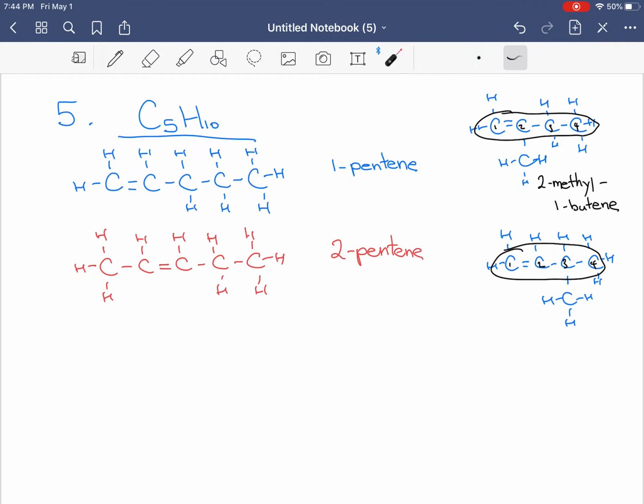Which means the side group is stemming out of 3. So, this guy is going to have a different name than the one on top. This is not 2-methyl 1-butene, but this is 3-methyl 1-butene.